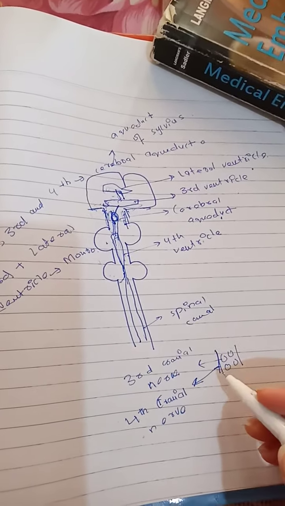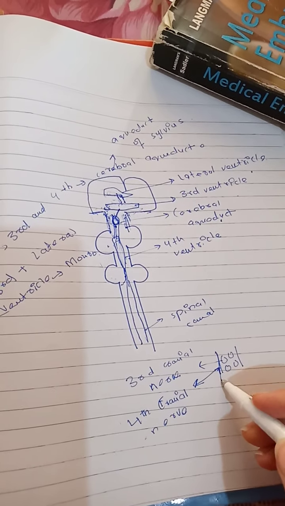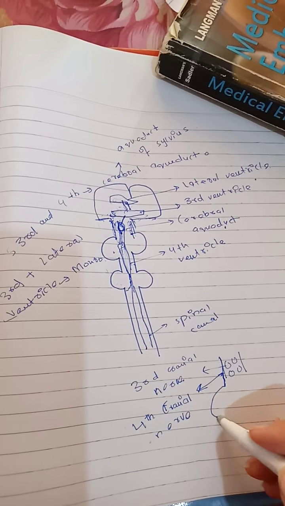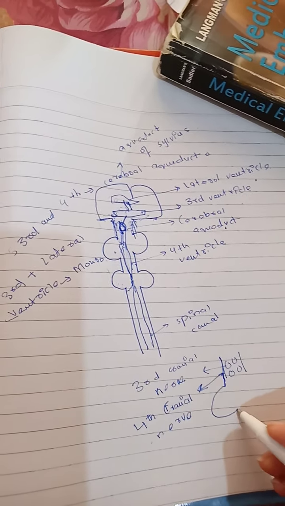Now this is the midbrain, pons, medulla oblongata. In the center of the pons is present the fifth cranial nerve.